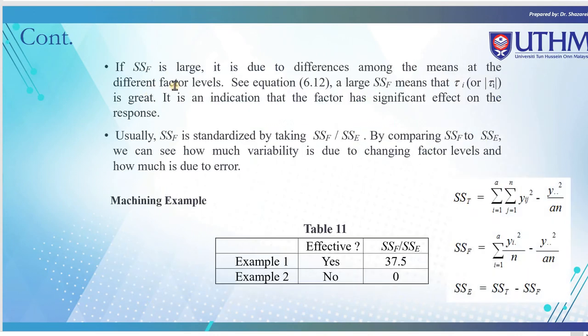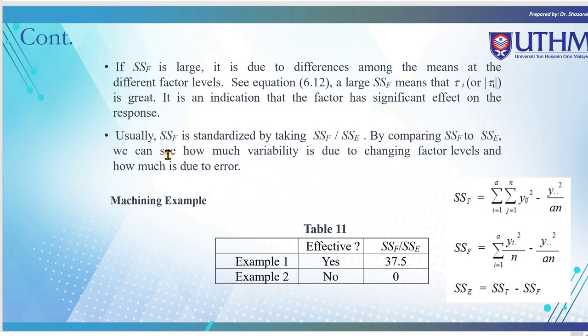If the SSF is large, it means that the difference among the means of the different levels is also large. If you refer to the SSF, we take the difference between the total of each level and the grand total. So a large SSF indicates that the tau is also large, which is the effect of the level. From that, the factor shows a significant effect on the response.